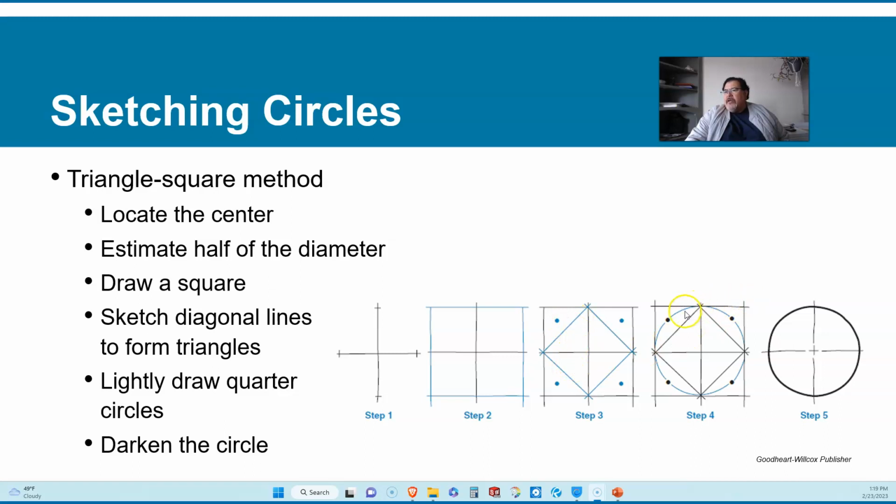So I'm drawing quarter of a circle each time I go from one point through the center to the end point. And then when I'm happy with it, I darken it in. And I may leave these lines here just to show me where the center is and where the quadrants are.